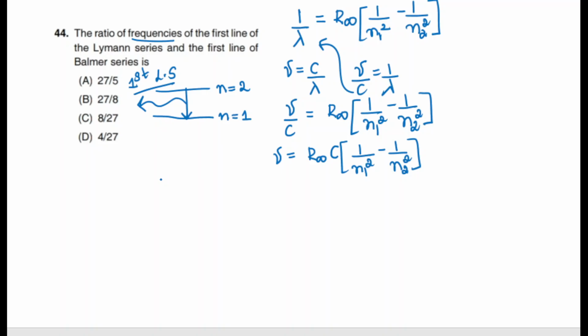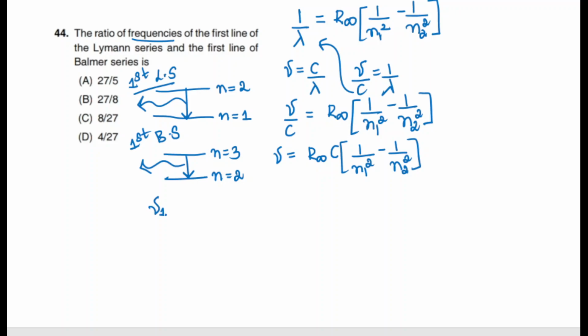Now it is easy. The ratio of the first line of the Lyman series to the first line of the Balmer series. As we know, the first line of the Balmer series is nothing but n1 equal to 2 and n2 equal to 3, so it is from 3 to 2. This is nothing but the first line of the Balmer series. Now substitute.